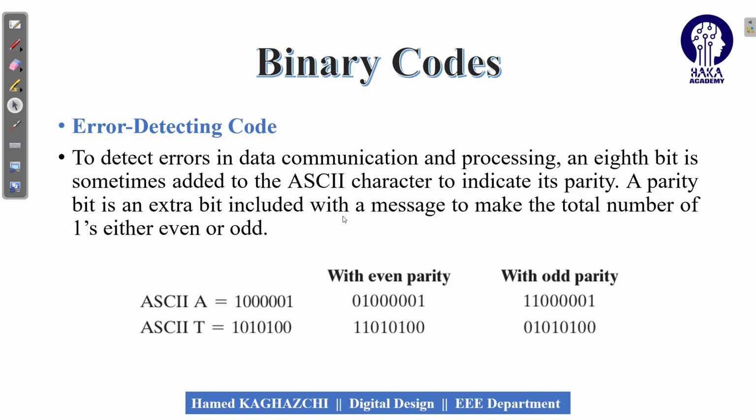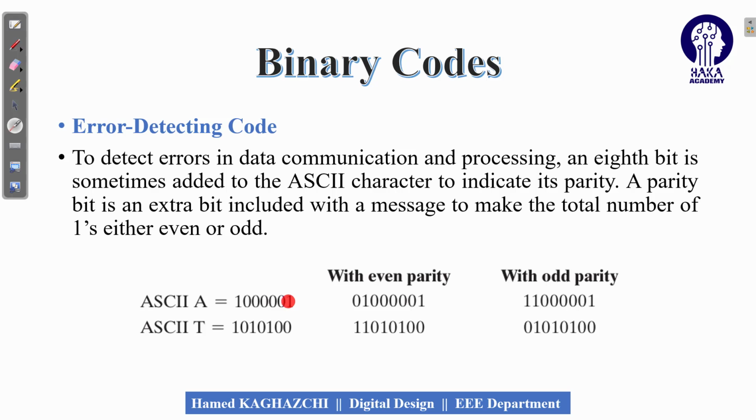Okay, so suppose that we have even parity. It means that in the ASCII code of the A, which is represented here, we add another bit as the MSB and make the total number of ones even.